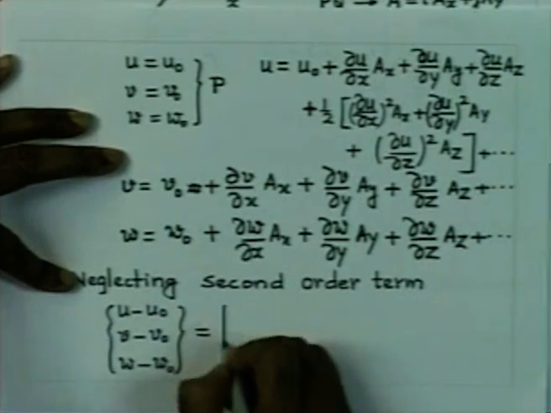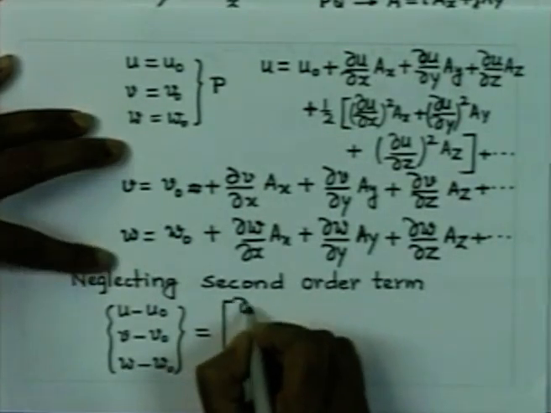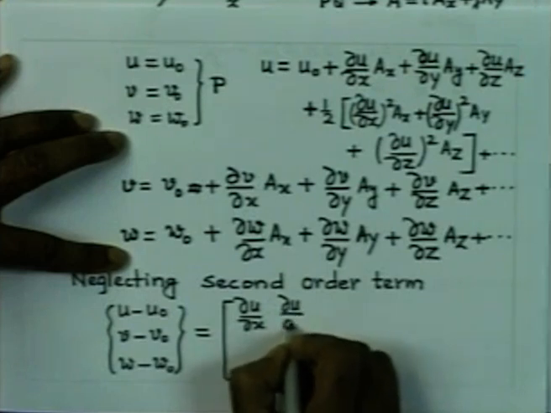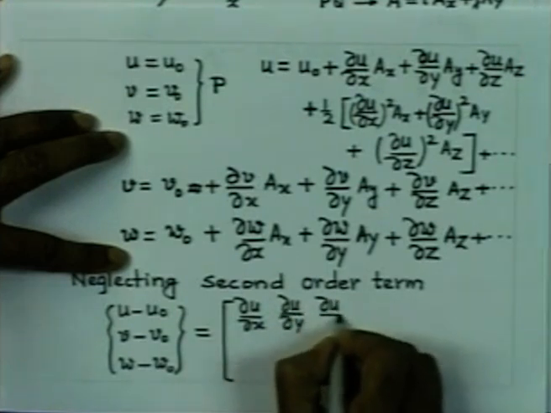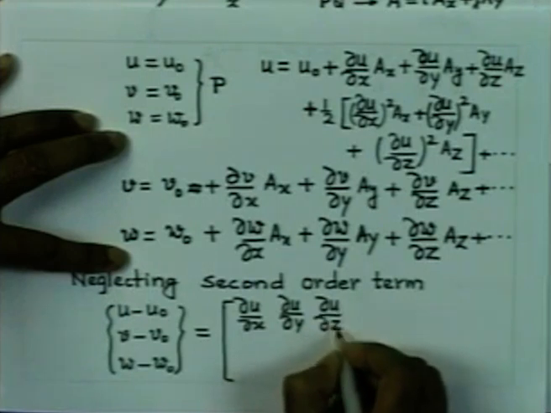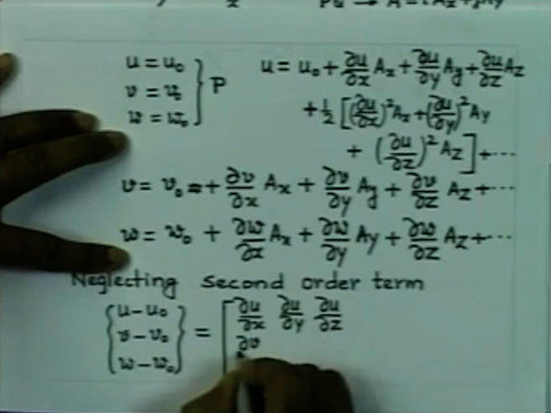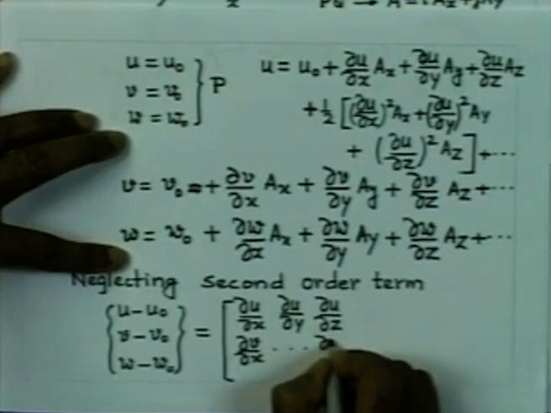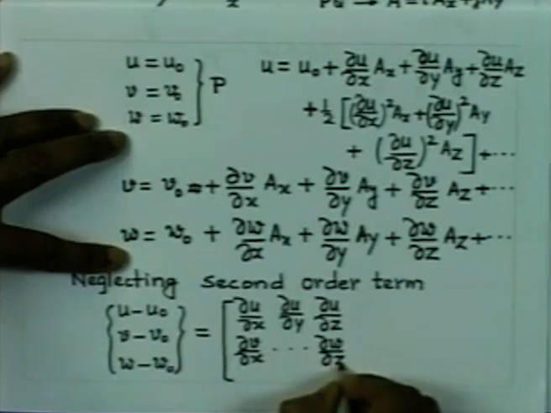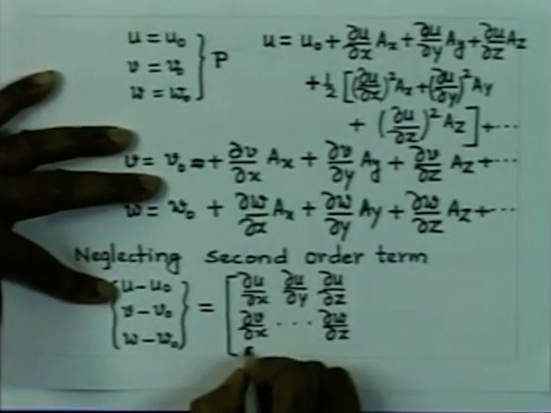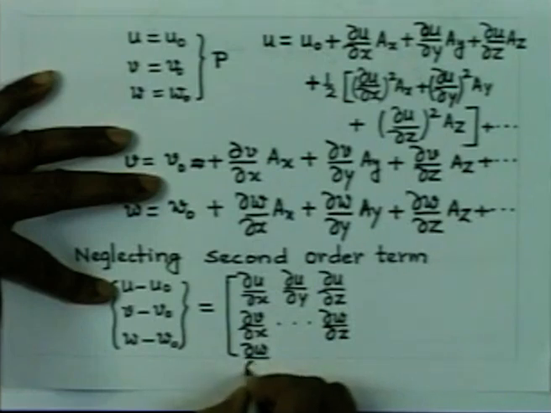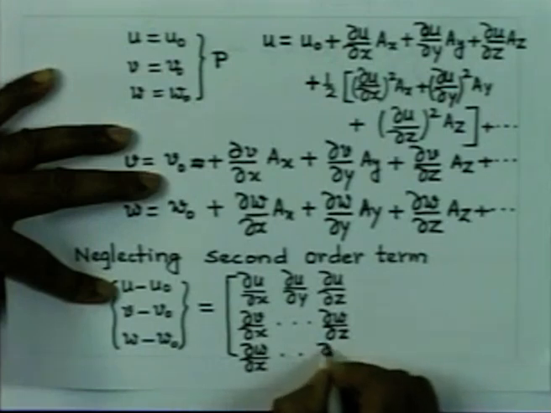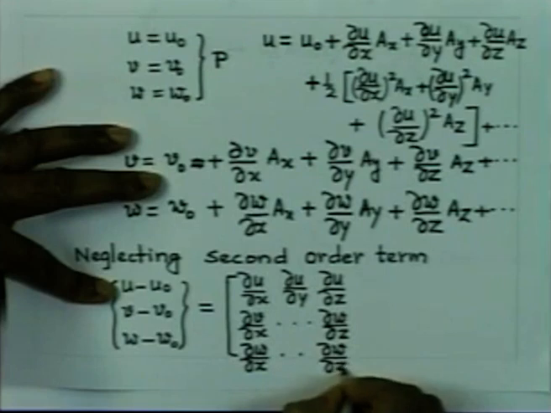This is nothing but, in a compact form, a matrix with the rows delta u by delta x, delta u by delta y, delta u by delta z, then delta v by delta x, delta v by delta y, delta v by delta z, and the last row will have the derivatives delta w by delta x, delta w by delta y, delta w by delta z.